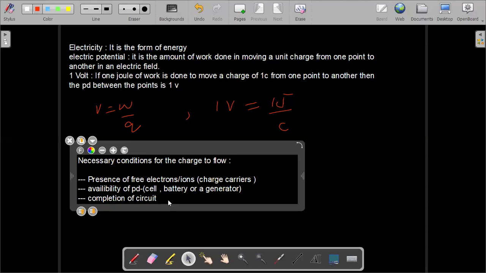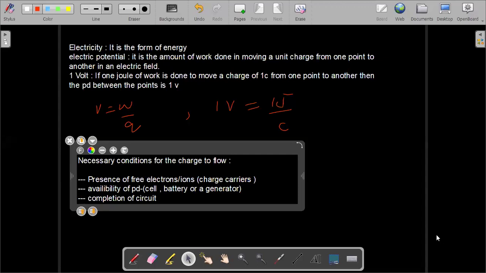So can anyone think why the third part is necessary? Aryan, why is completion of circuit necessary? Sir, otherwise if the circuit is not complete, then it will not flow, sir. So why won't it flow? Because the circuit won't be complete, sir. So why? That's the reason.